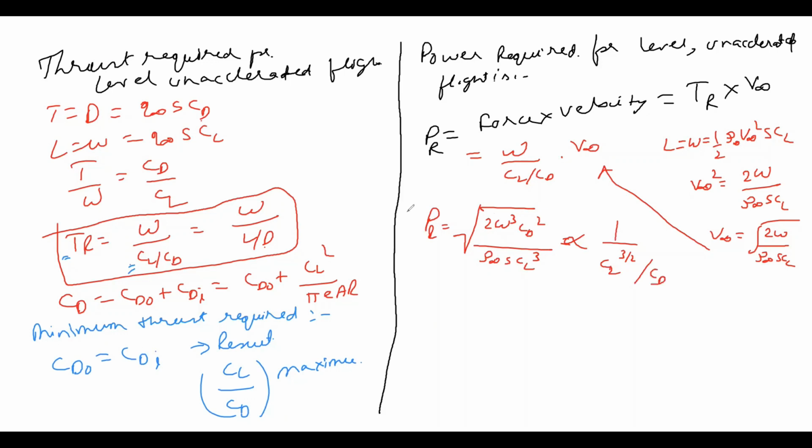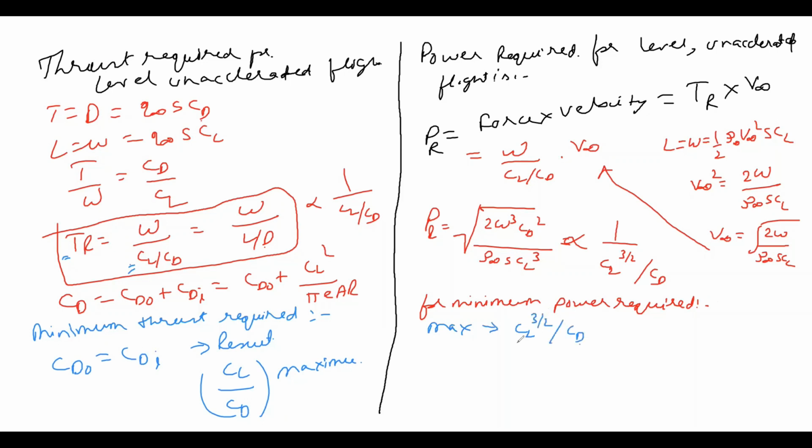So here, thrust required is proportional to 1 upon CL by CD. Here it is proportional to 1 upon CL to the power 3 by 2 by CD. So for minimum power required, what we have? We have maximum CL to the power 3 by 2 by CD.